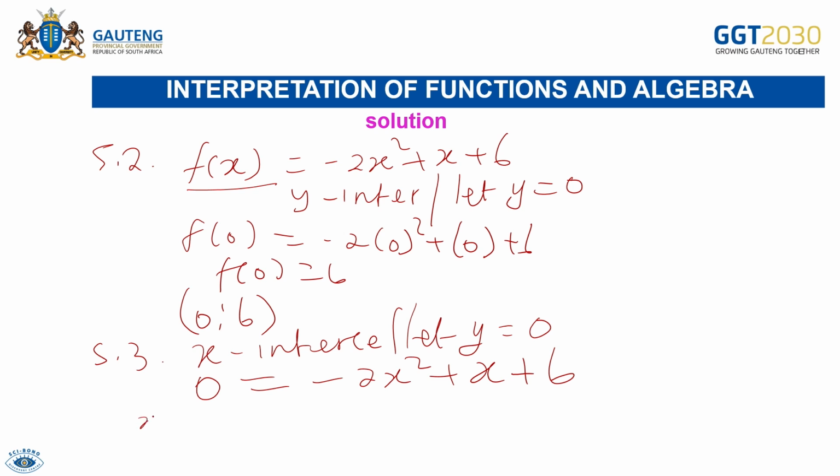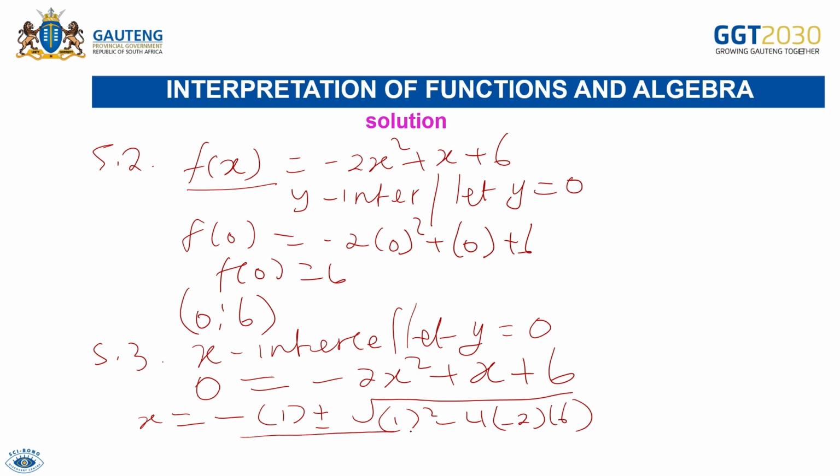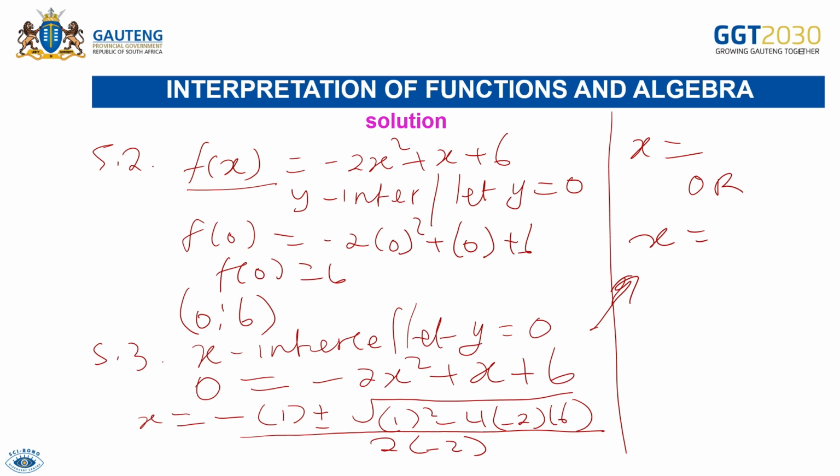So x equals negative b, which is 1, plus or minus the square root of b squared, 1 squared, minus 4ac, all over 2a, where a is negative 2. So your x will be that, or your x will be equal to this. Let's just substitute everything as it is.